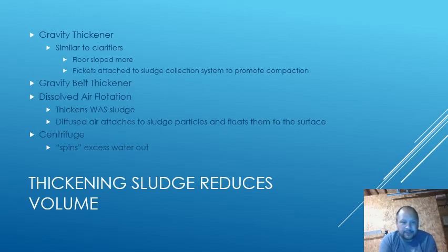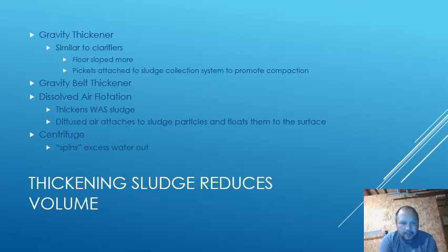So a few different technologies that can thicken sludge are mentioned in the chapter. Gravity thickening. We have a gravity thickener at the Perrysburg plant. It looks and operates very similar to a primary clarifier.